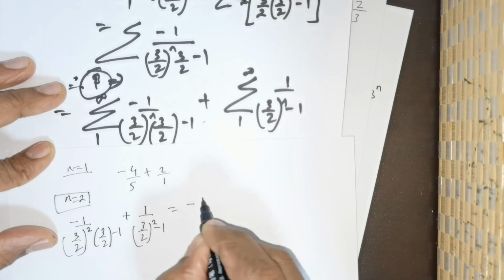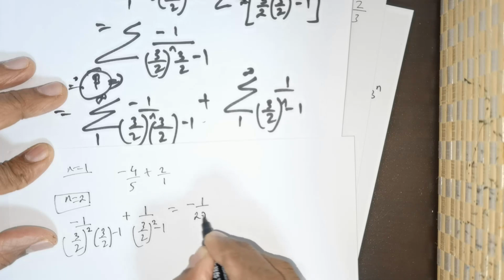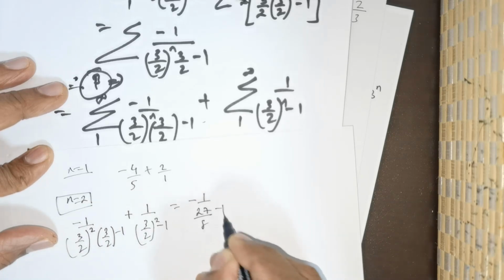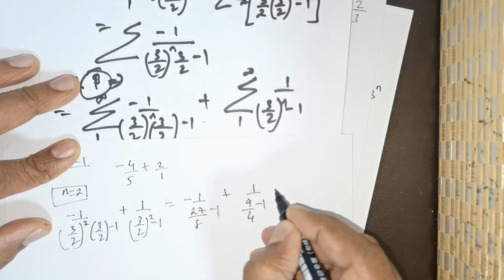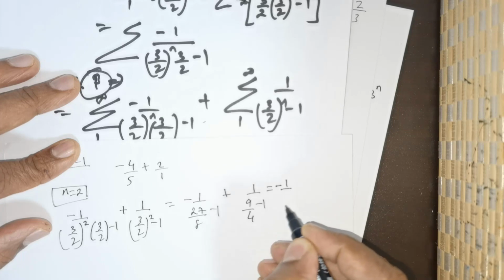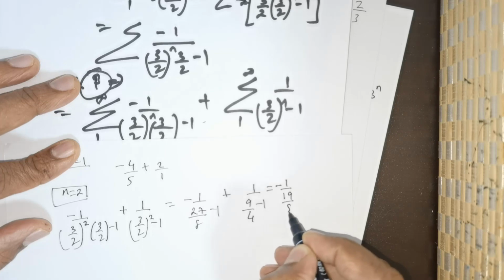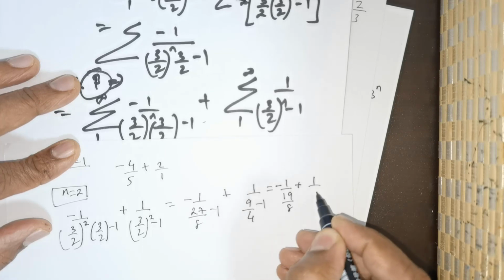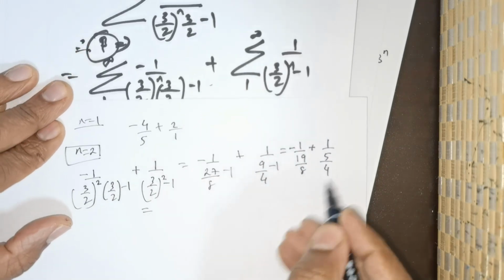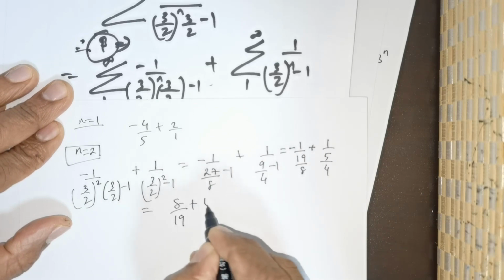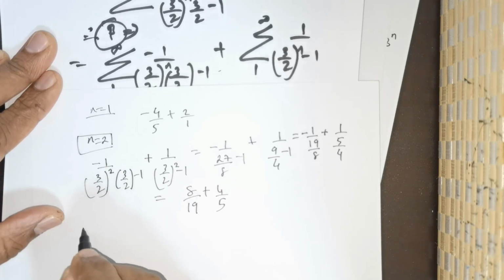So this is going to be equal to negative 1 over, 3 3s are 9, 9 into 3, 27, 4 2s are 8, negative 1, plus 9 over 4 negative 1, which is equal to negative 1 over 19 over 8, and this is going to give me 5 over 4. If you were to flip this, you get 8 over 19 and 4 over 5, for n is equal to 2. Now let me move on to n is equal to 3.